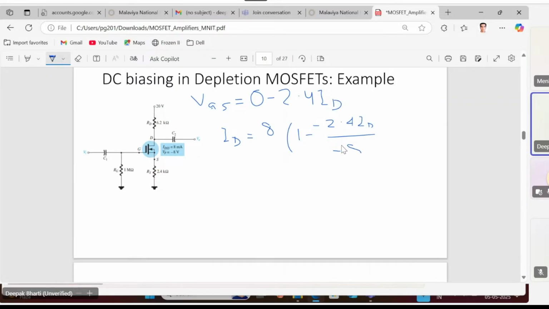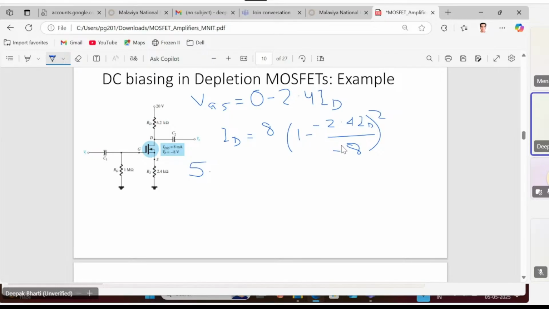VP with sign is minus 8, whole square. Okay, this again is a quadratic equation. If you open this quadratic equation, I have solved the simplified equation in advance. So maybe simultaneously all those who are following can also try to find out the simplified equation and the roots, so that we can verify.